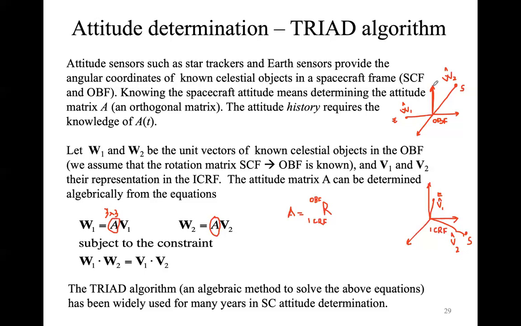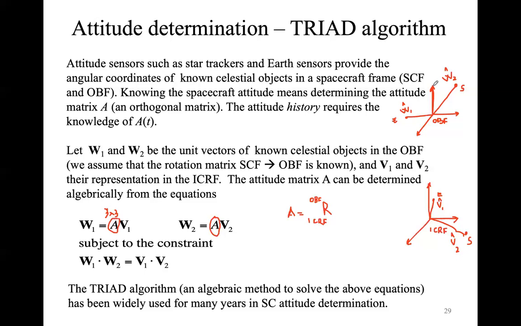So in terms of quality, that observation gives you the best knowledge of the attitude. So let's say that you have 1 star tracker that only tracks a star. That is not really feasible, because as we're going to see, a star tracker gives you multiple observations. But let's assume that you have 1 measurement of the star tracker, 1 Earth sensor, and 1 sun sensor.